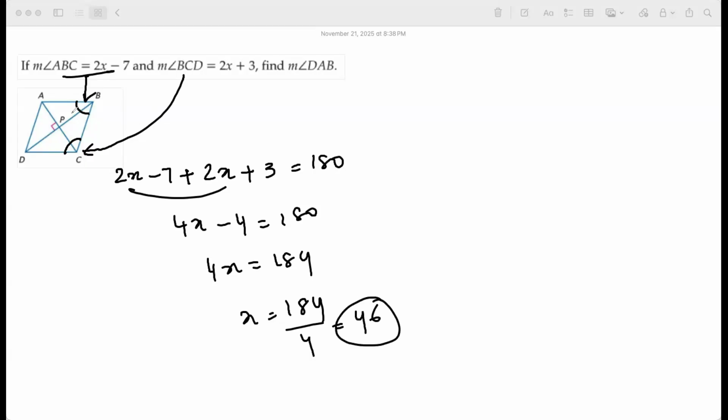Now what is DAB they're asking? Opposite angles are congruent in a parallelogram. So A and C are equal. A and C means this one, 2x plus 3. 92 plus 3 is 95. Make sense?